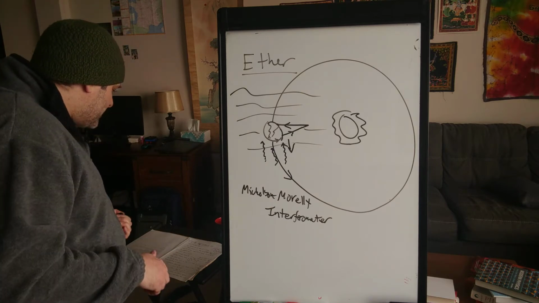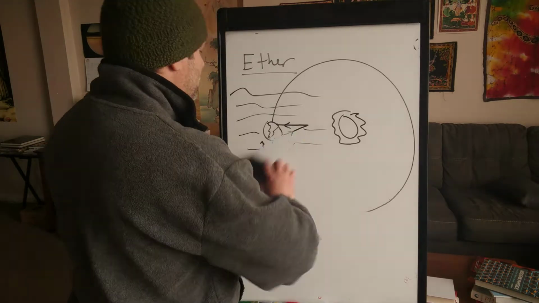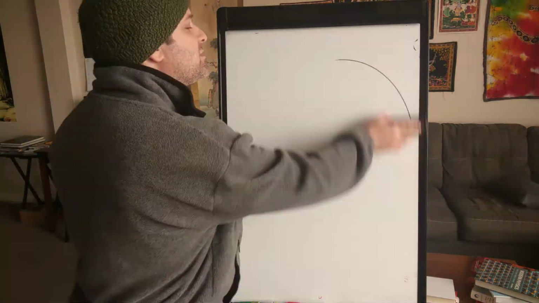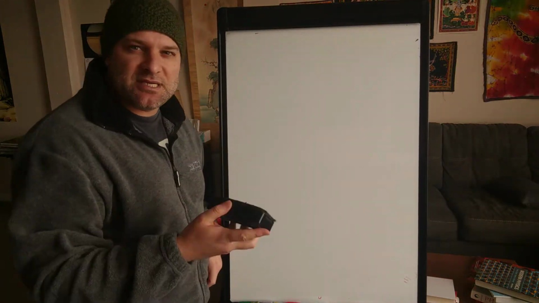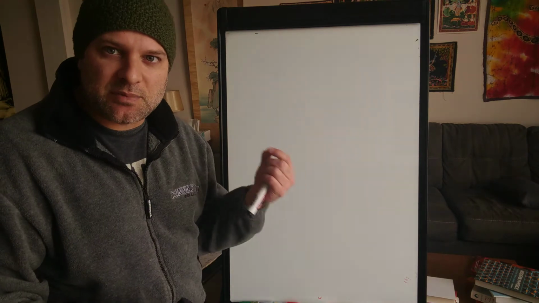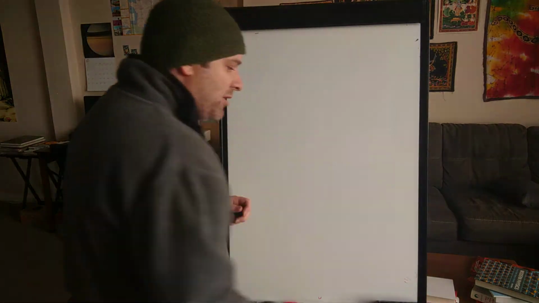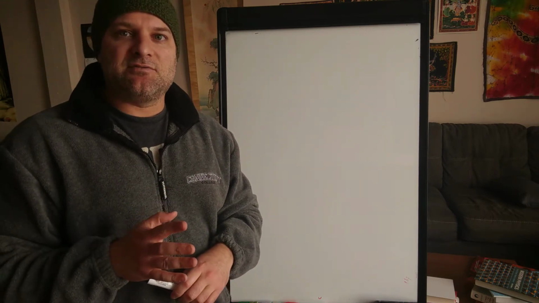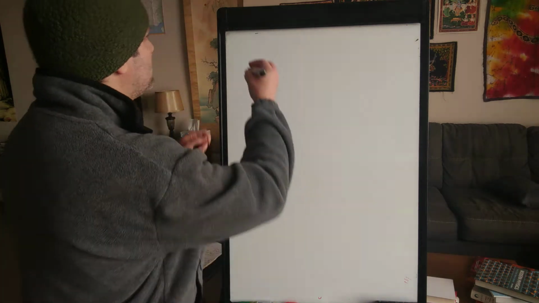Well, none of this research really went anywhere until Albert Einstein, doing a separate investigation into electromagnetism and some of the inconsistencies in the base level of the theory, came up with the idea that perhaps light travels at the same velocity for all observers.